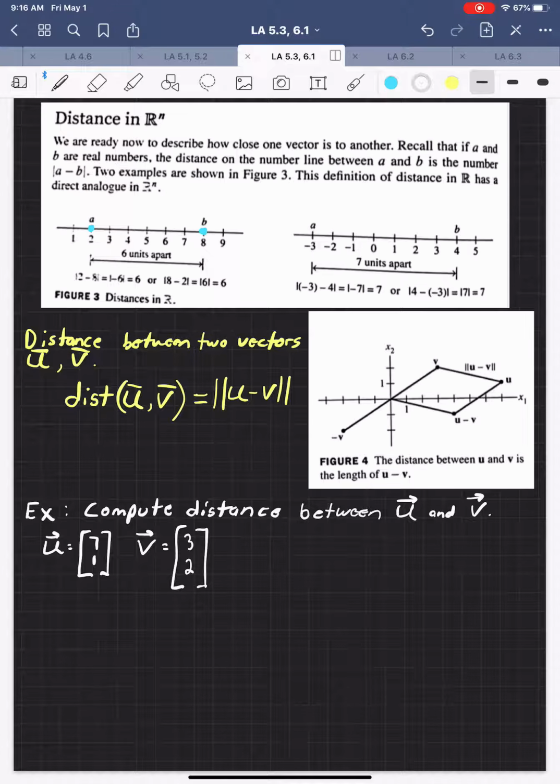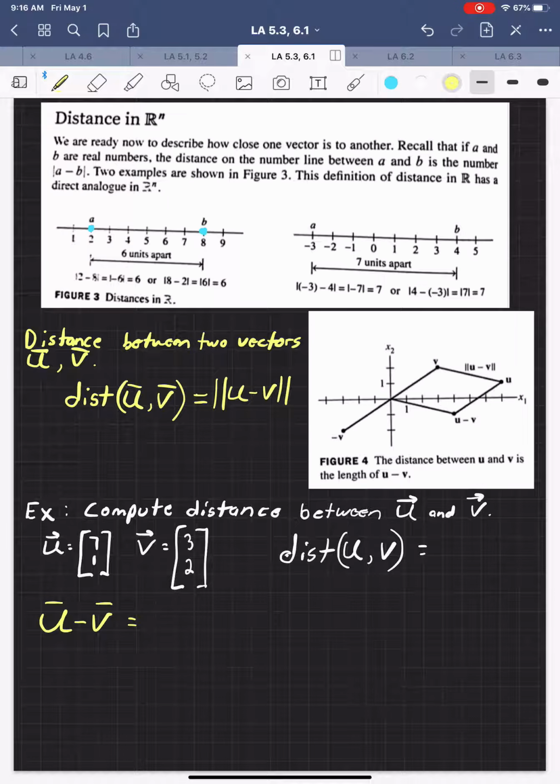Well, because we want the distance between u and v, the first thing I'm going to need is u minus v. So let's go ahead and do that.